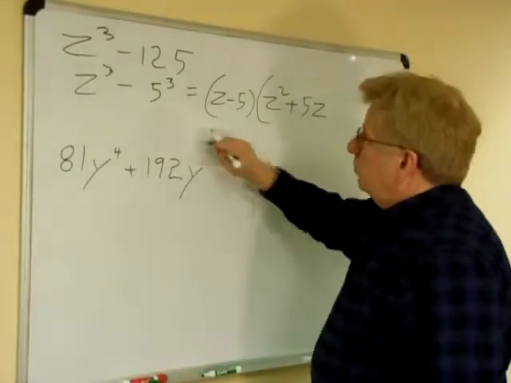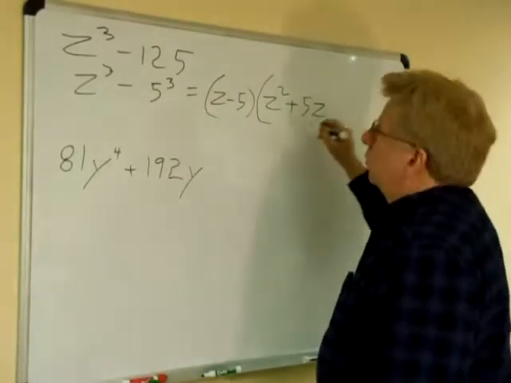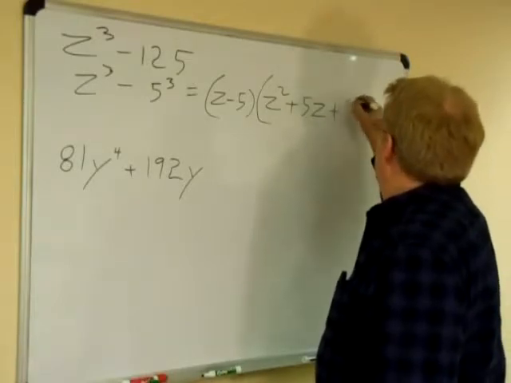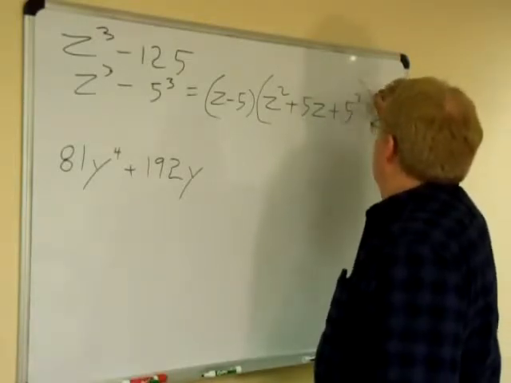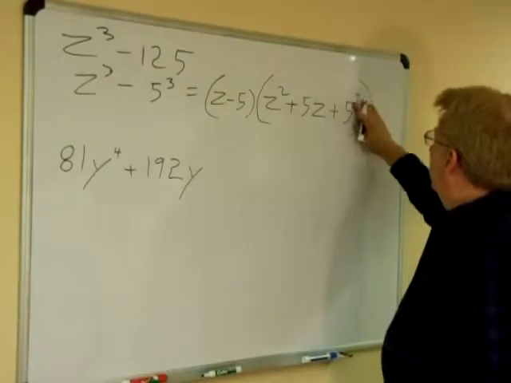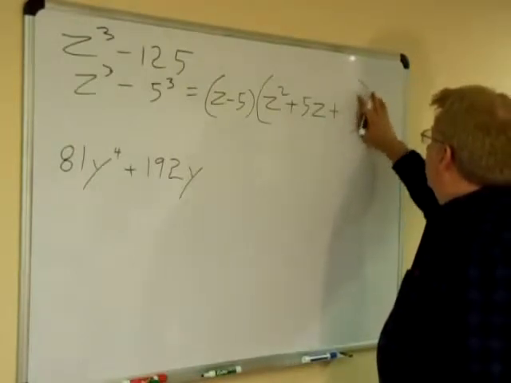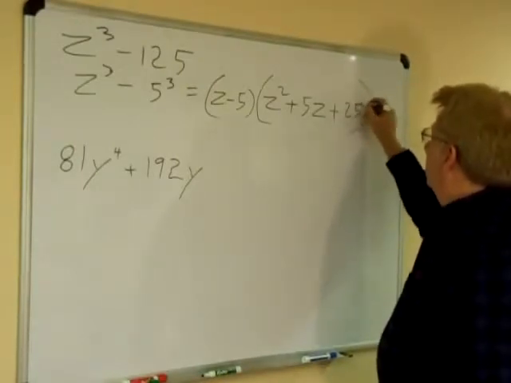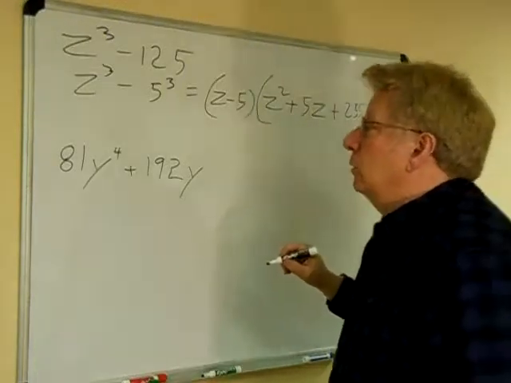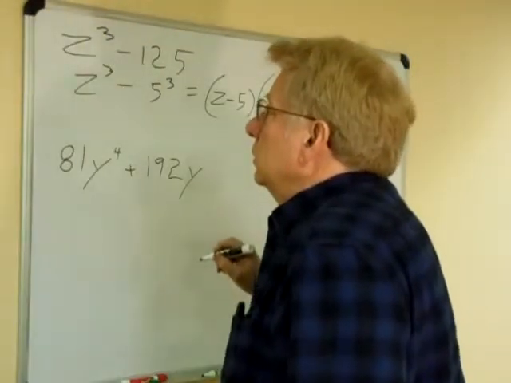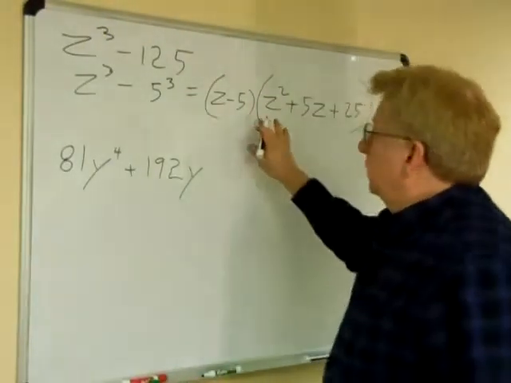And then we would have plus the 5 squared, or b squared. 5 squared is 25, so we'll replace 5 squared with 25. Okay, so that's all there is to that one.